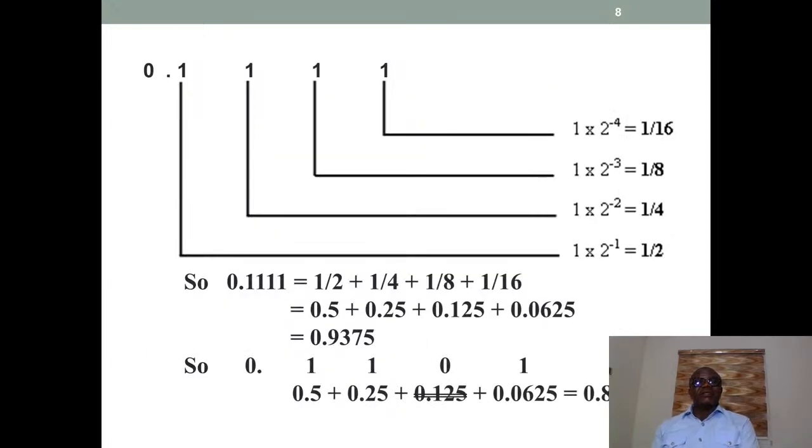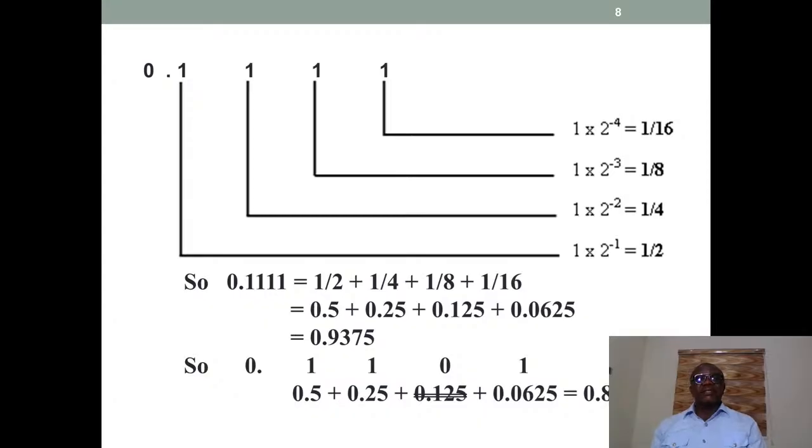For instance, if we have a fraction of 0.1111 in base 2, the one to the right, which is now the least significant bit, will be 2 raised to power minus 4. The one following will be 2 raised to power minus 3, which is 1 over 8. The next one is 2 raised to power minus 2, which is 1 over 4.